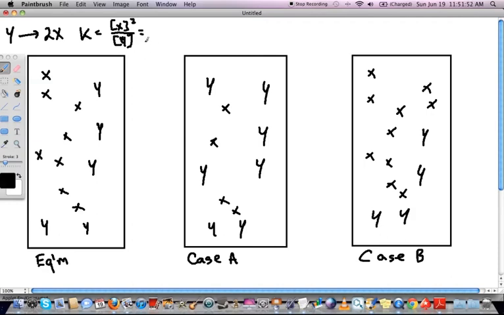And what I can do is calculate the concentration just by counting up the things here. We've got 1, 2, 3, 4, 5, 6, 7, 8. So we've got 8 X's, and that'll be squared over, looks like 4 Y's, 5 Y's actually.